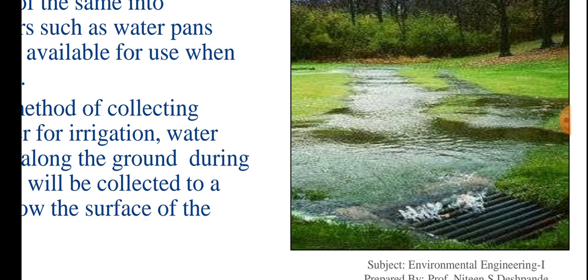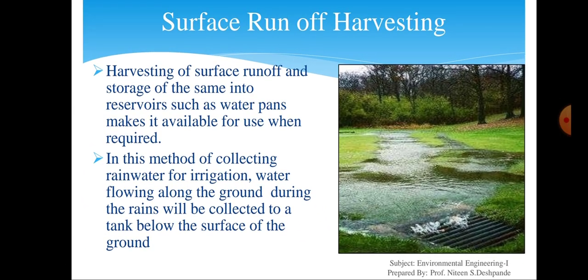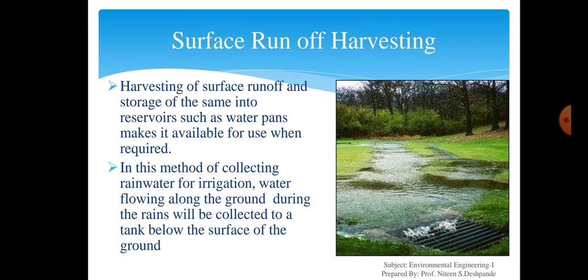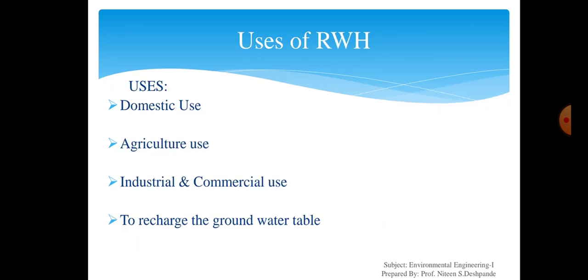There is a screen or roof placed on the tank by providing bars. The purpose of providing these bars or the screen is to avoid the water getting contaminated, and the floating matter will get trapped on the screens. So in this fashion we can store the water, or use the technique of surface runoff harvesting to save the water.